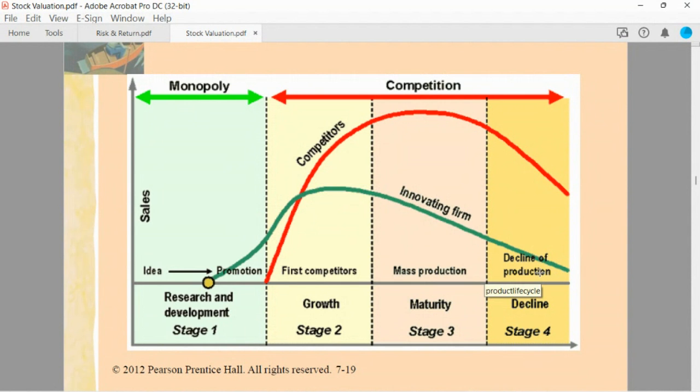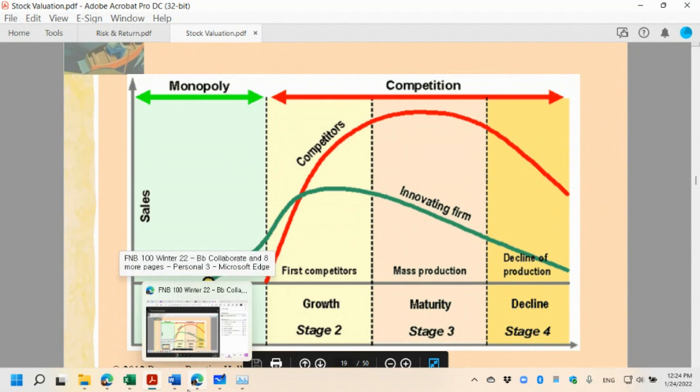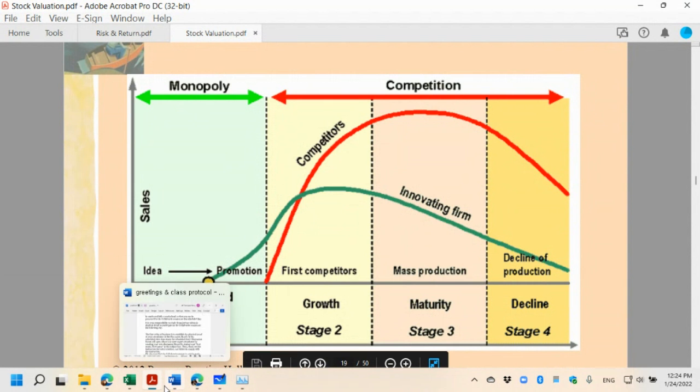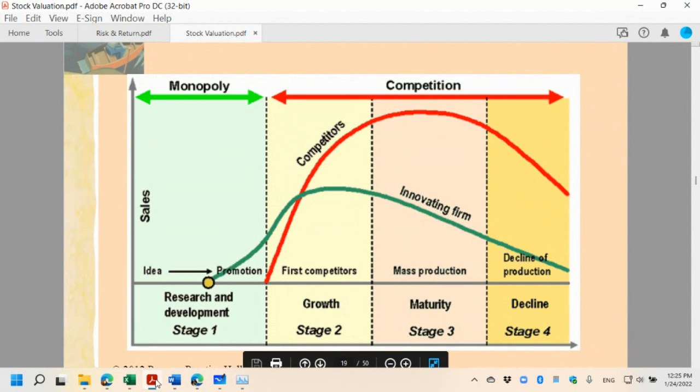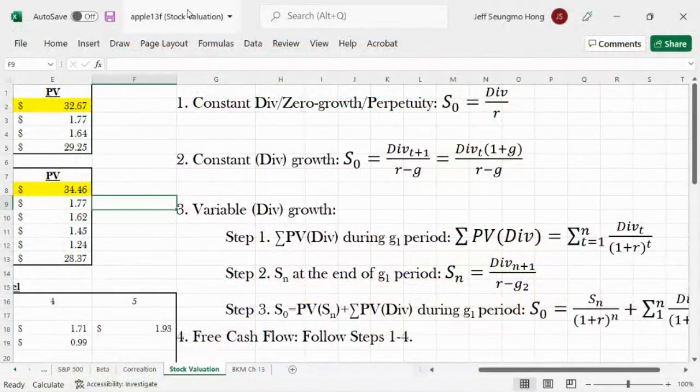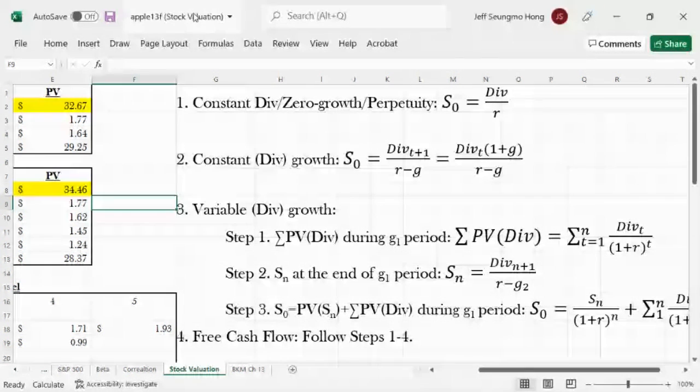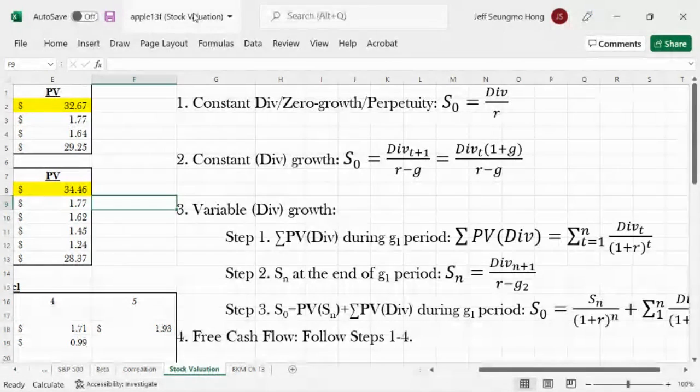Only fast growth and slow growth are relevant, right? Because if you are an investor, nobody will invest in a company that is not growing or showing negative growth, right? But anyway, this is the basis of the variable growth model, because clearly the reality is that no company grows at a constant rate.